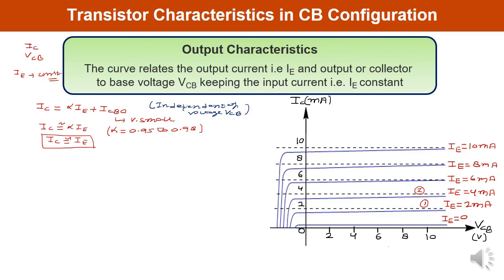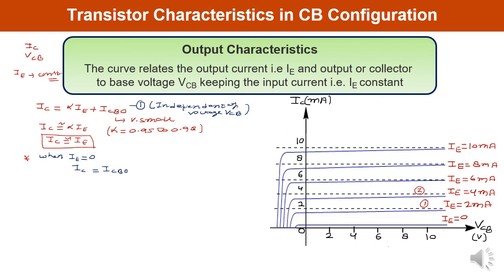Let us discuss an important condition, when IE is 0. What happens when IE is 0? You can see over here a curve is also plotted for IE as 0. When IE is 0, it means input current is 0, and from equation number 1, you can observe IC will be equal to ICBO, which is very small, and this current is because of the leakage current.